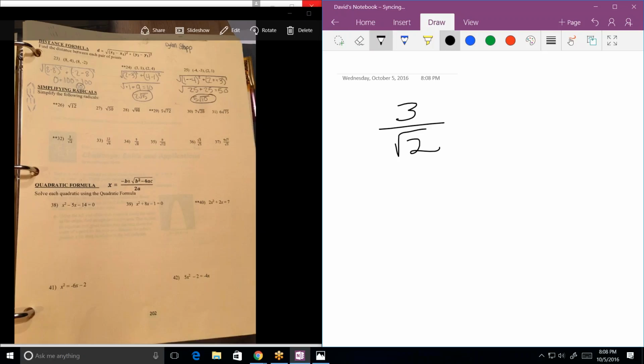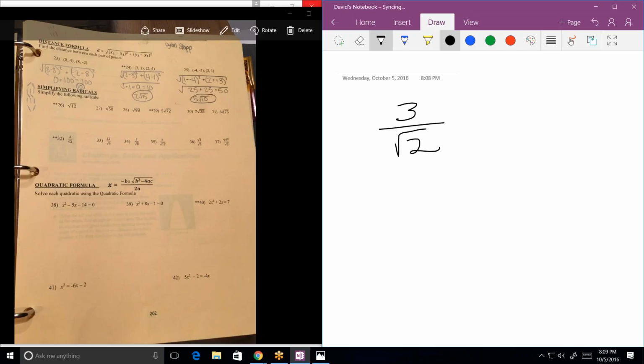And how do I change it so that it no longer has an irrational denominator? Remember, we can multiply any fraction, no matter what a fraction is, by the number 1 without changing it.